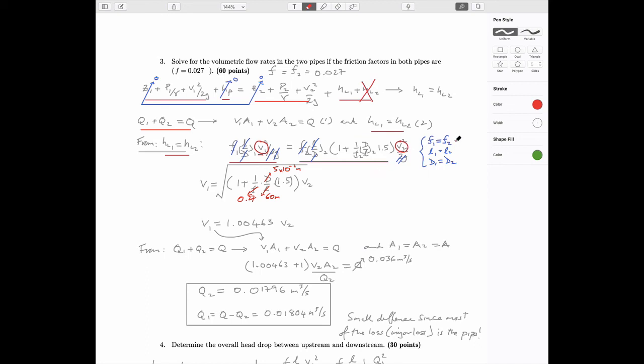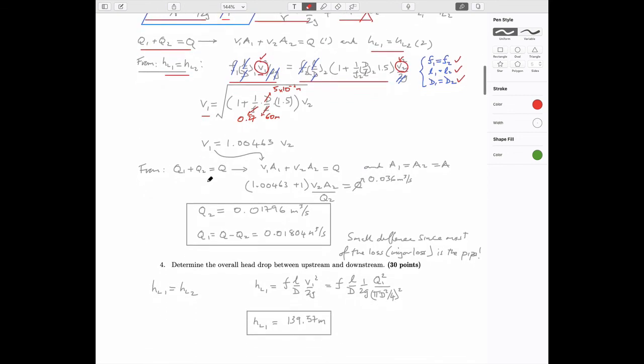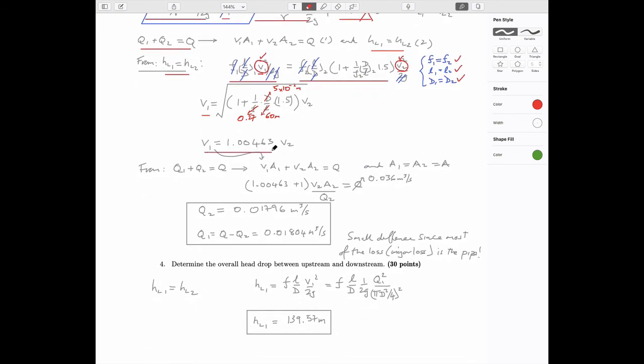We know the friction factors are the same, we know the lengths of the pipes are the same, we know the diameters are the same. And so all we need to solve for is the value of the velocities relative to each other. So we could solve for V1 as a function of V2, or the converse. And so we can solve from this for V1, which ends up being this expression here.